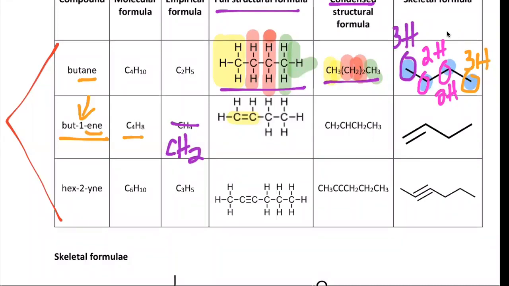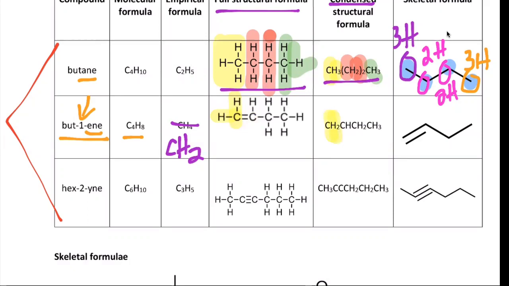Condensed formula, structural formula, same process. So again, if I look back, and I'm going to erase this highlight that I did here. The first carbon is only bonded to 2 hydrogens now, and the reason is that it's double bonded to that carbon. So it only needs 2 hydrogens to complete its octet. So we start off with a CH2.